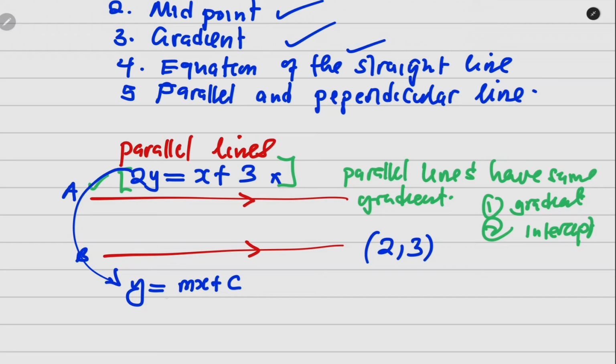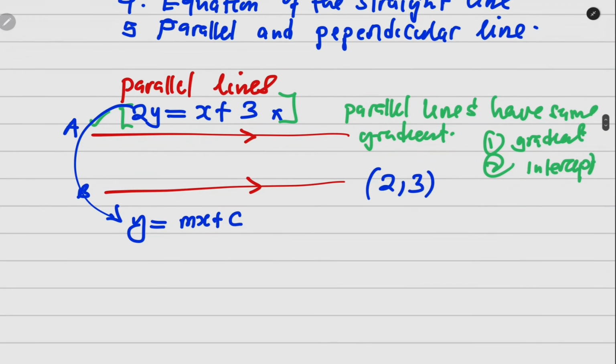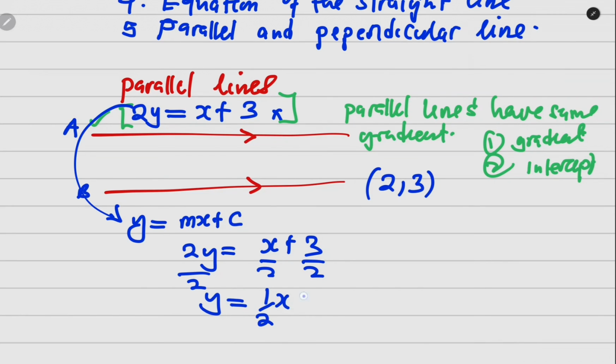So the number in front of x is the gradient. So let us do it. 2y is equals to x plus 3. We need to leave y alone here, so you divide throughout by 2. You are remaining with y is equals to 1 over 2 x plus 3 over 2.